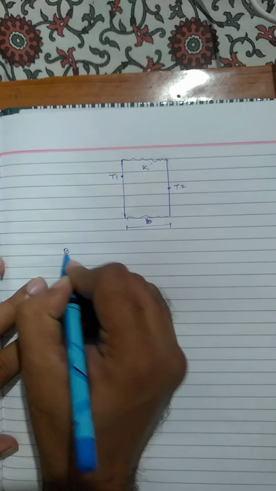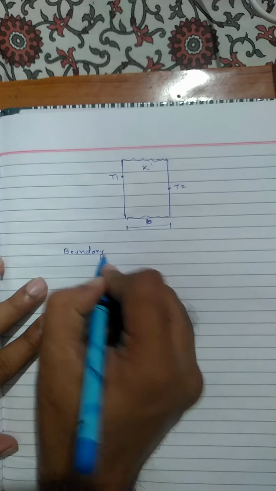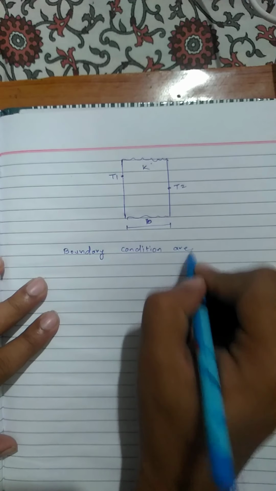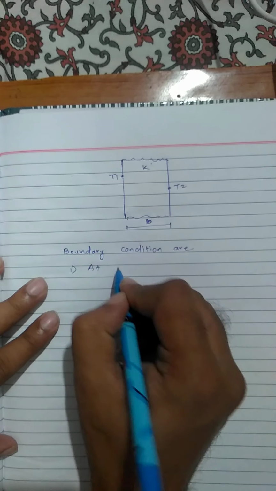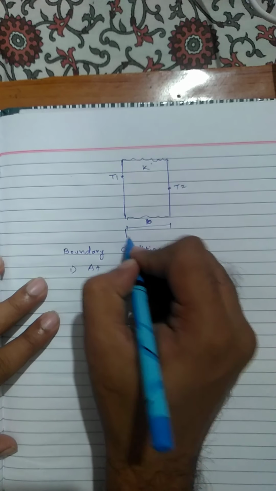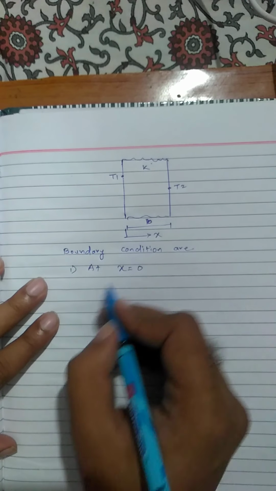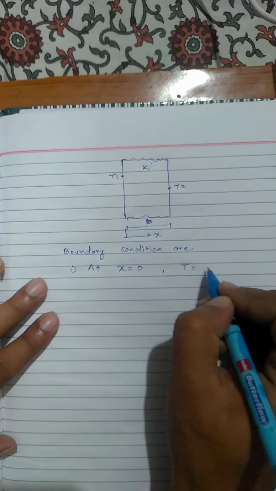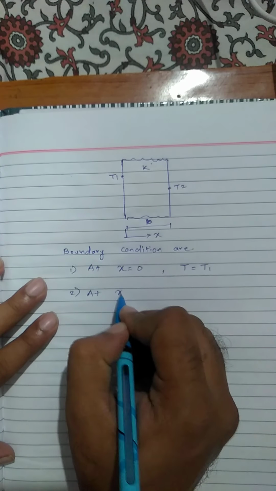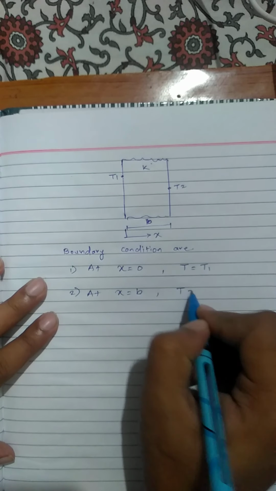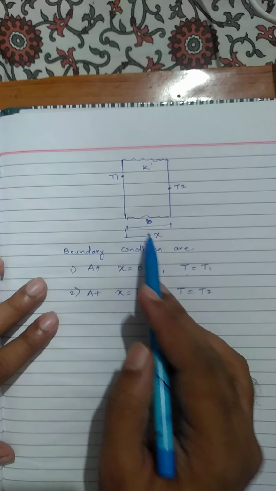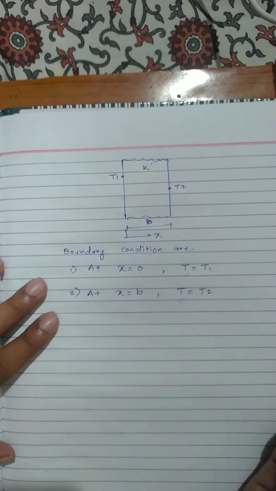My boundary conditions are: I am considering this as the x-axis, x direction. At x equal to 0, T equal to T1. At x equal to B, T equal to T2.